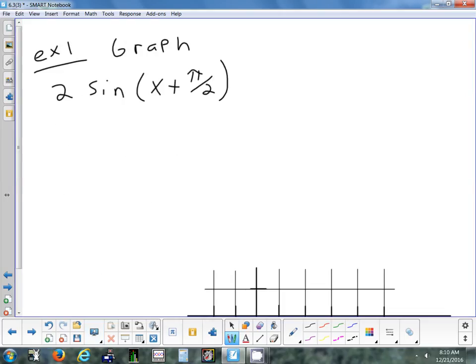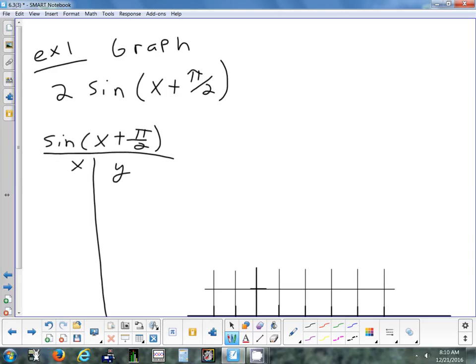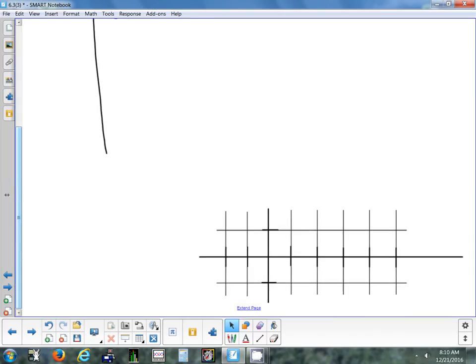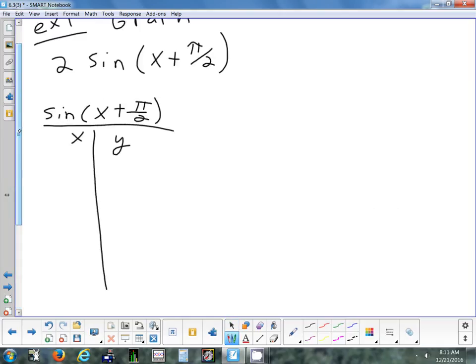All right. So for now, I'm going to pretend like in this problem the 2 isn't there. I'll deal with that after. So I'm going to find a table for sine of x plus pi over 2. Okay, so start with your phase shift. What's going to stay the same for a phase shift?